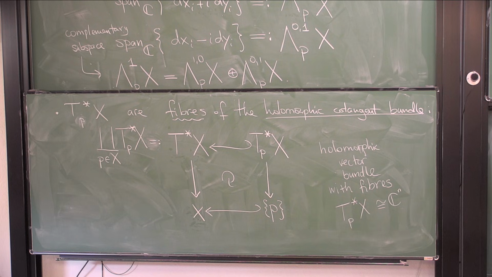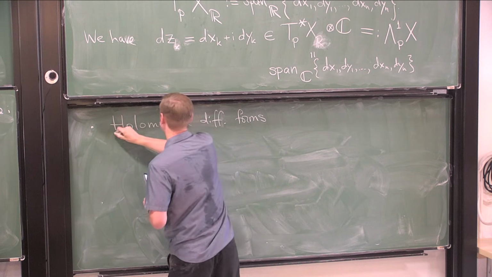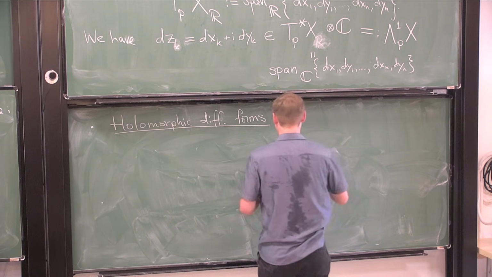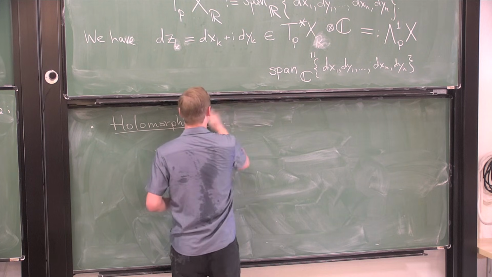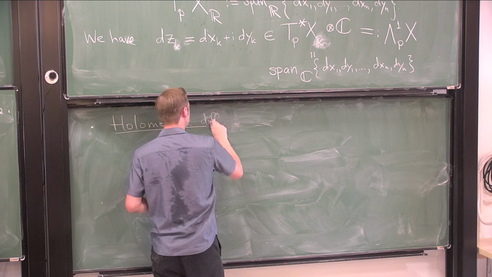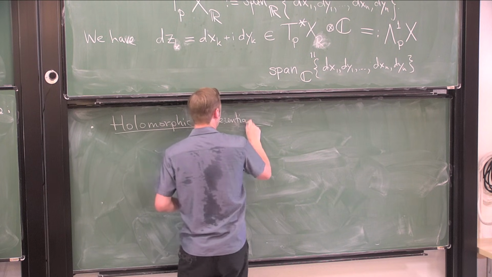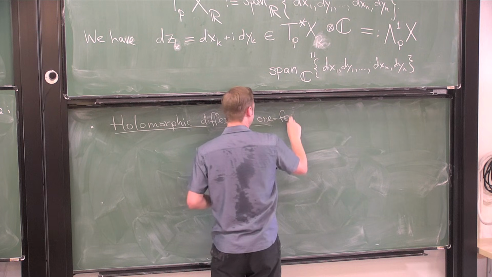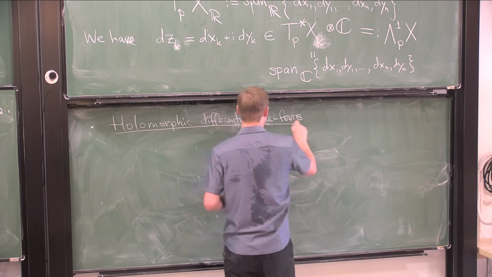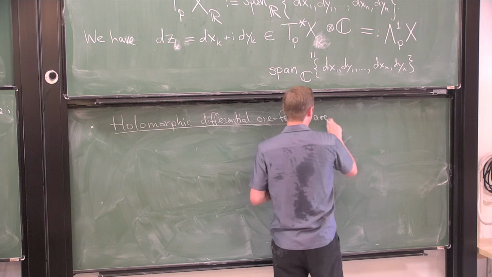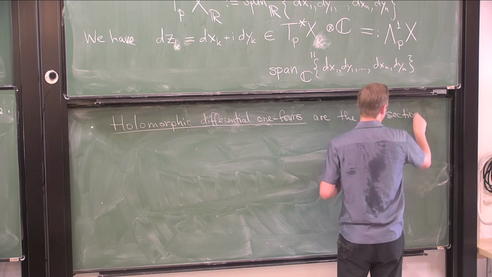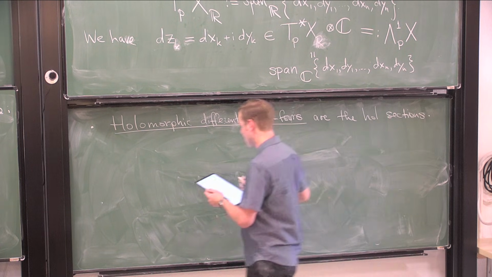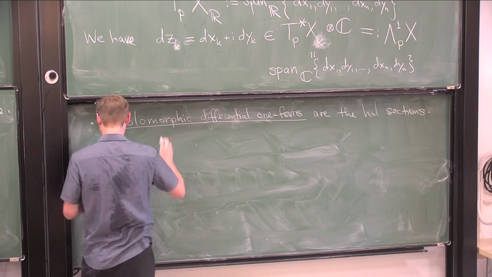Maybe to be more specific, holomorphic differential one-forms are the holomorphic sections of the bundle. So let me try and draw this semi-pictorially.